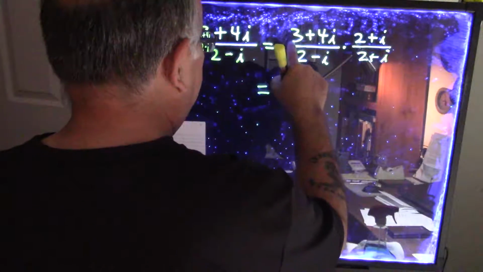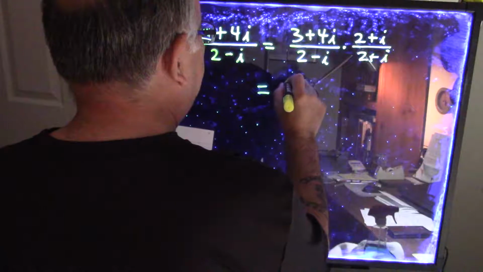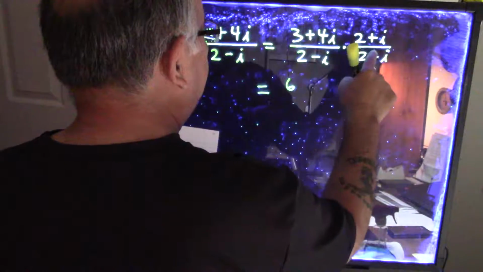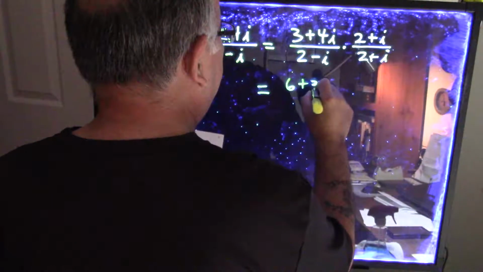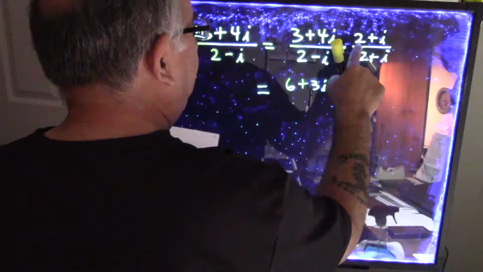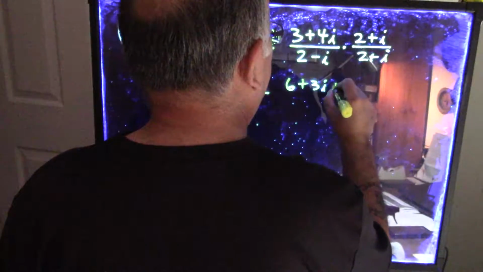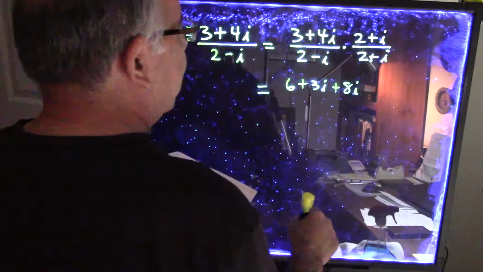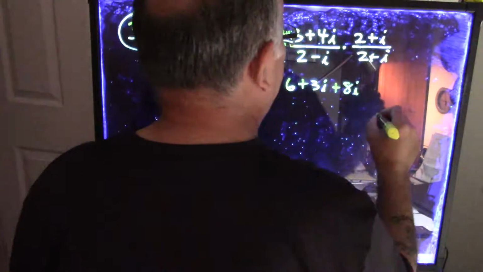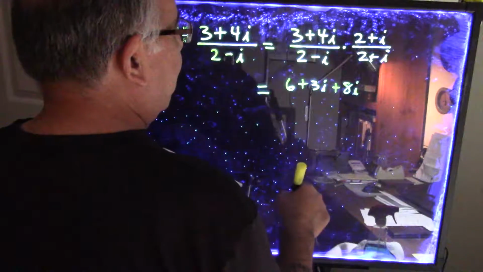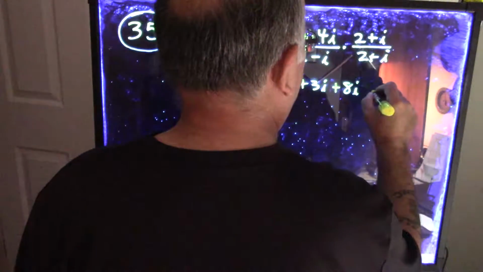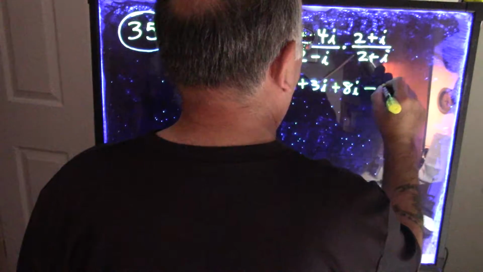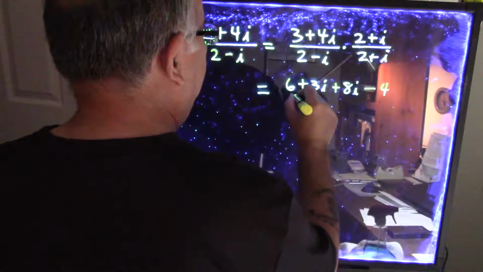So what we have here is 3 times 2 is 6. 3 times i is 3i. Then 4i times 2 is 8i. And then 4i times i is 4i squared, which is, well, i squared is negative 1, so it's 4 times negative 1, which is negative 4, or minus 4.